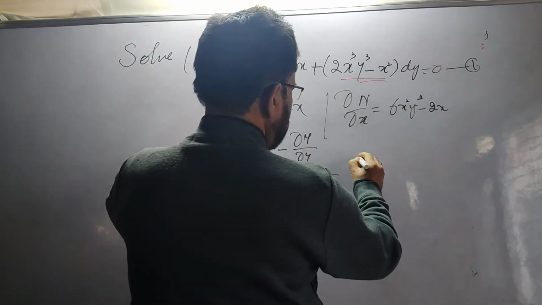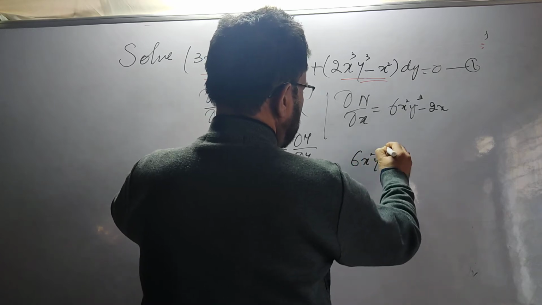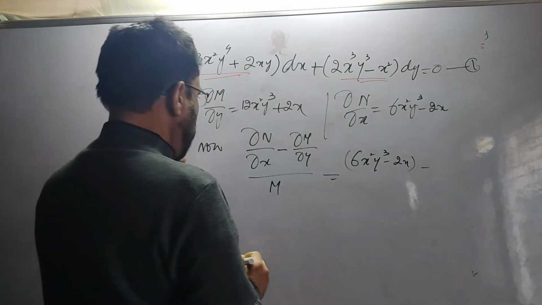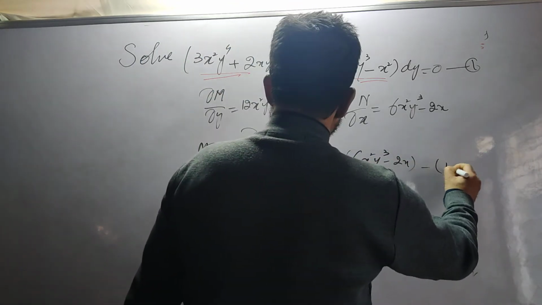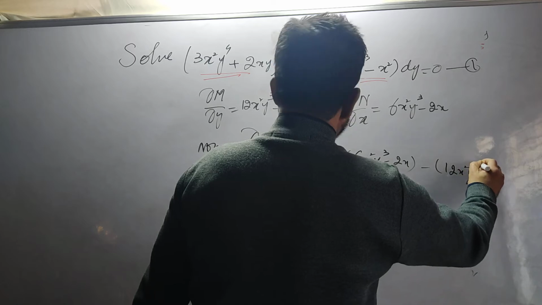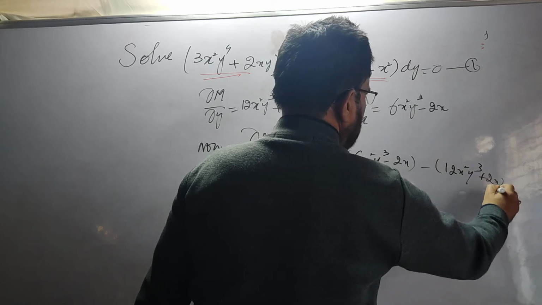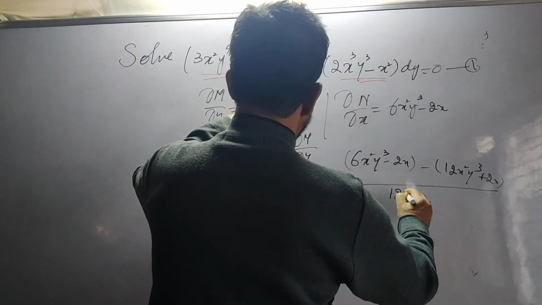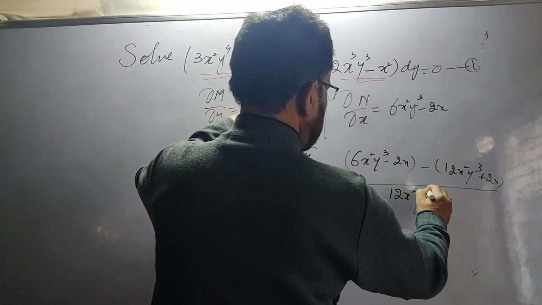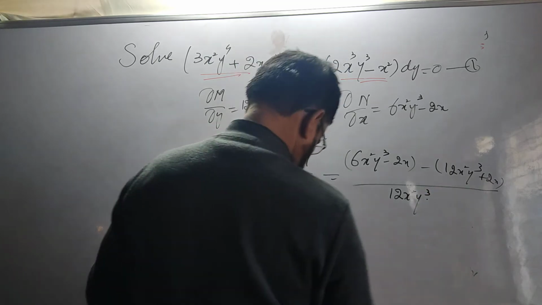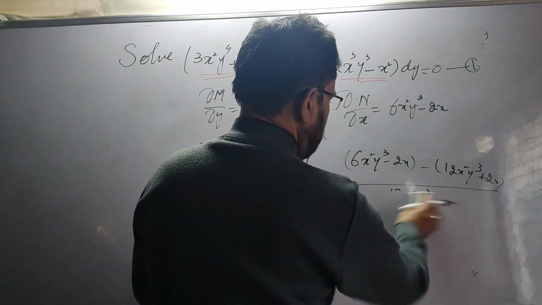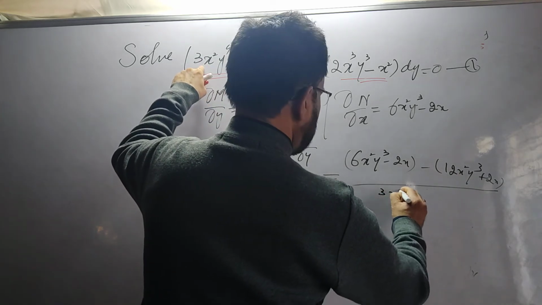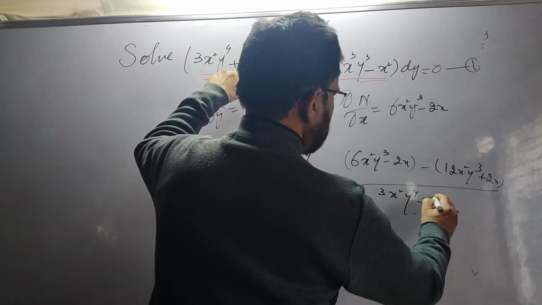Let us see what this is. It is 6x²y³ minus 2x, then minus 12x²y³ plus 2x, divided by M. Sorry, your M is this: 3x²y⁴ plus 2xy.